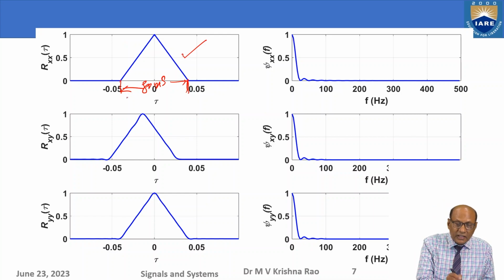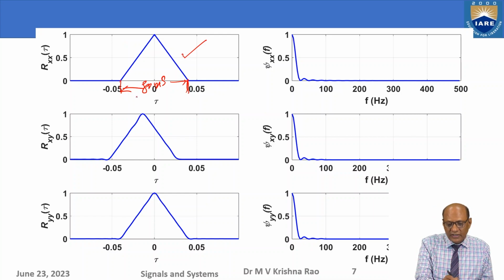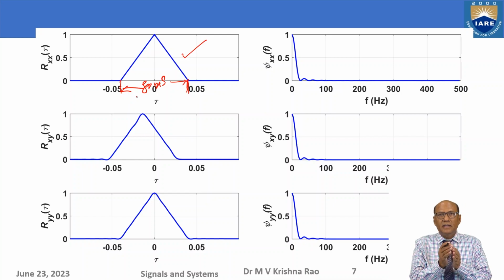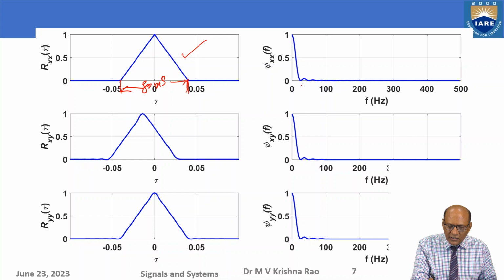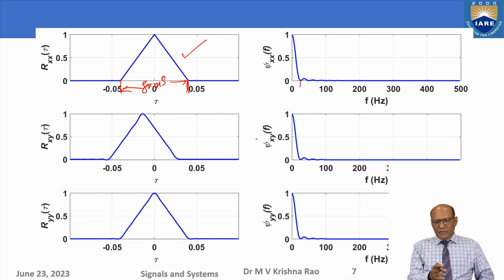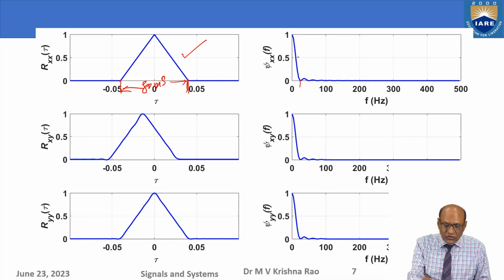Because the width was earlier 40 milliseconds and now it is 80 milliseconds, the time function has expanded in time. So naturally the frequency will compress. Again, this is a triangular function, not a rectangle, and this is not the sinc function.